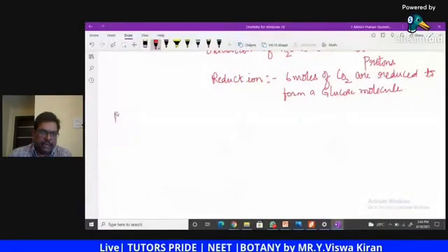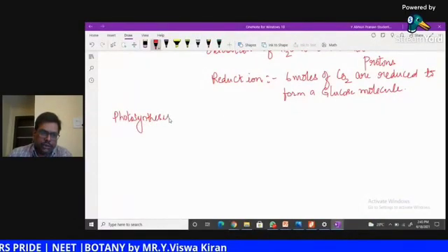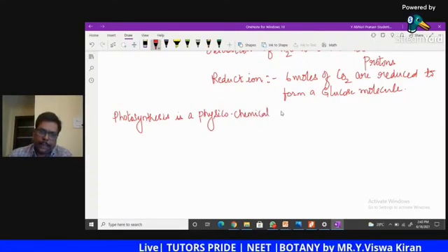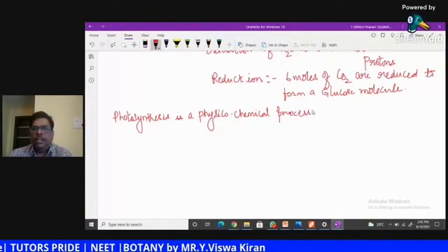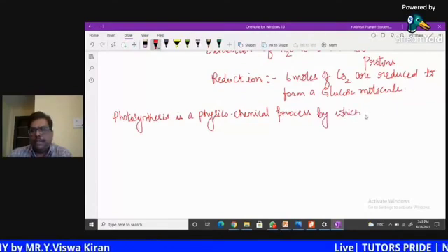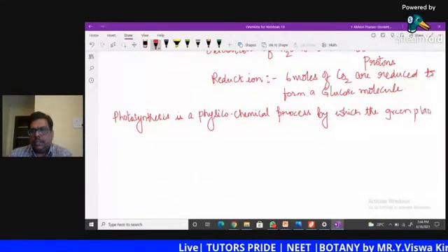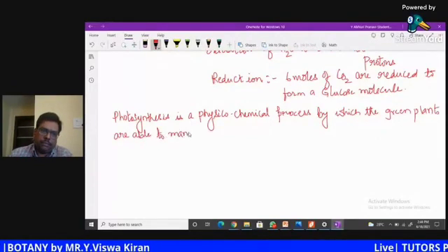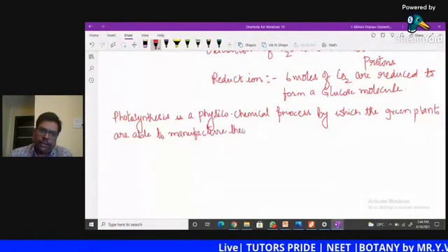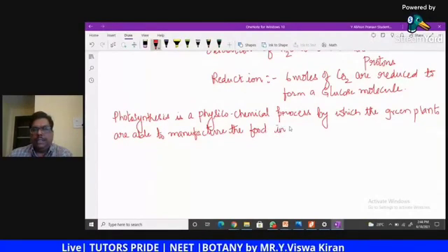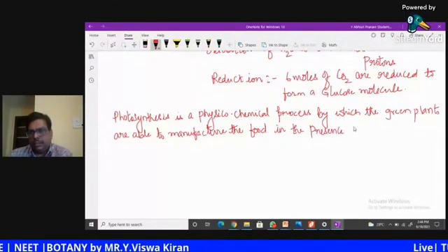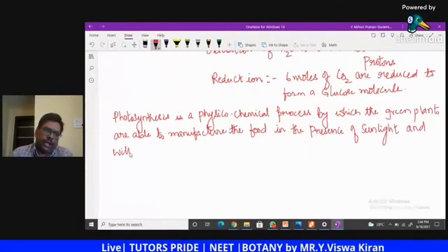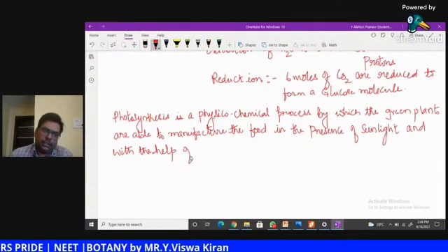Before going to the experiment, I would like to tell you that photosynthesis is a physicochemical process by which the green plants are able to manufacture the food in the presence of sunlight and with the help of chlorophyll molecule.